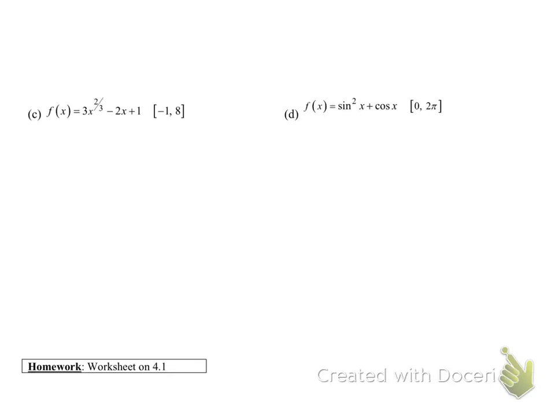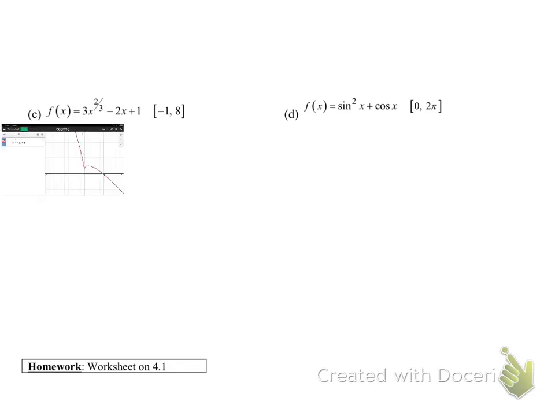Okay, next up we have f of x equals 3x to the 2/3 minus 2x plus 1, and we're looking at that on the interval from -1 to 8. Again, we are trying to find the extrema on this closed interval, -1 to 8.